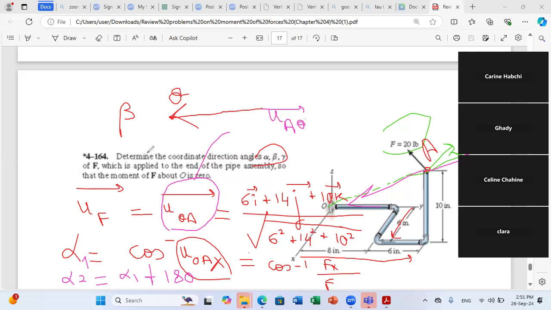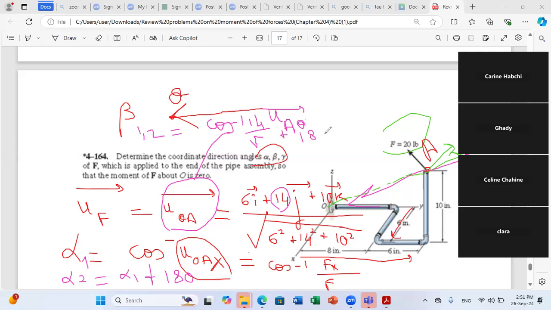Now the same for beta and gamma. For beta, you have two solutions, beta 1 and beta 2. Beta 1 is cosine minus 1 of the unit vector of OA in Y. What is the component in Y? It's 14 over the radical. So it's cosine minus 1 of 14 over the radical, and we have two possibilities, this angle or the angle plus 180.